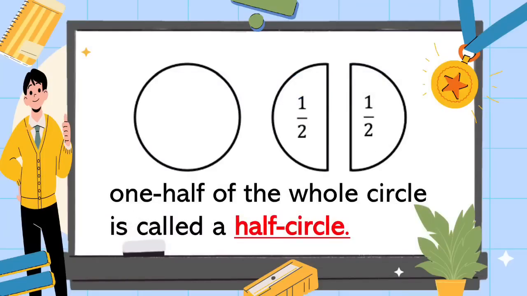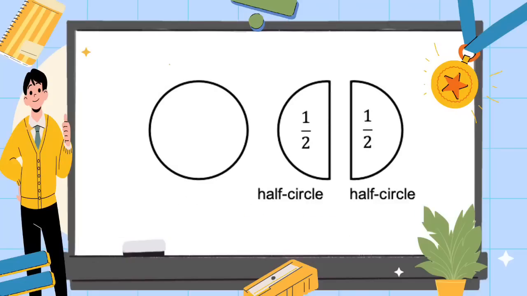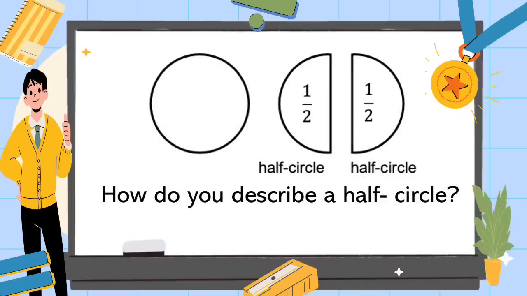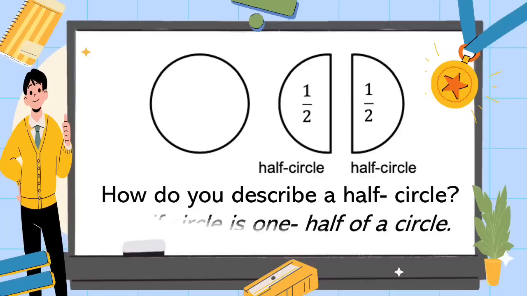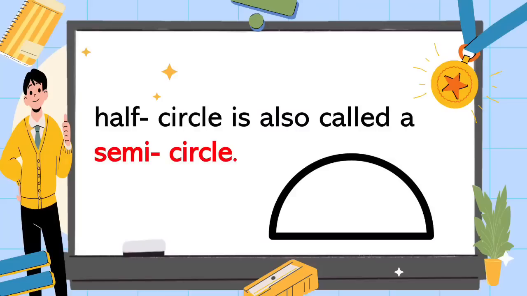Students, take note that one half of the whole circle is called a half circle. Students, how do you describe a half circle? Remember also that a half circle is also called a semicircle.